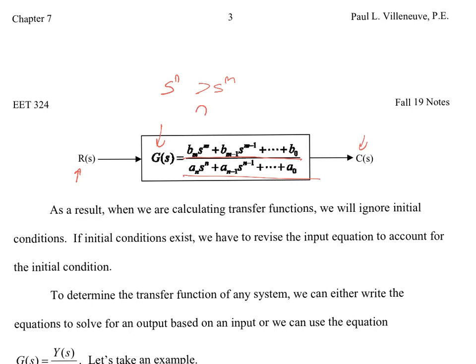A better way to say that is the order of the numerator is less than the order of the denominator. So n has to be greater than m. If m is greater than or equal to n, we have to do some additional work. We have to do some long division essentially, which means we have some impulse functions in our outputs, and so on. So for real-world systems, the order of your denominator is always going to be greater than the order of the numerator. All right?